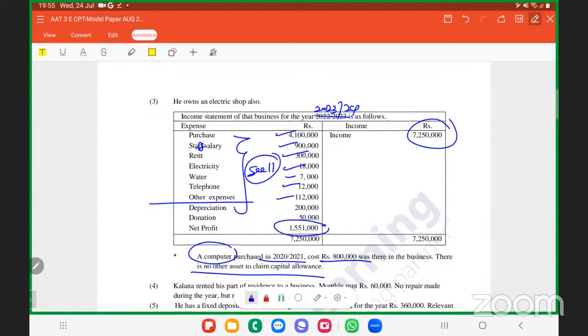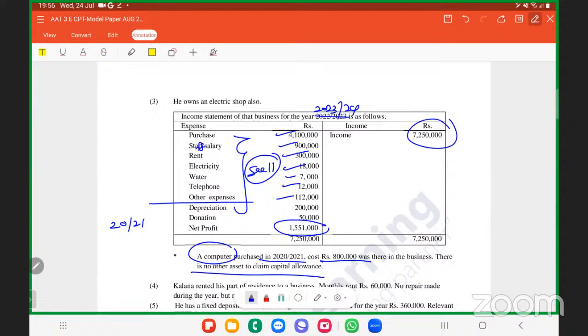There is no other asset to claim the capital allowance. Since this asset was purchased after 1st April 2018, what is the rate? The 5-year or 20%. 5-year means there is a rule: in the year in which you purchase that particular depreciable asset, you can calculate the capital allowance for the whole year, without considering the date of purchase.